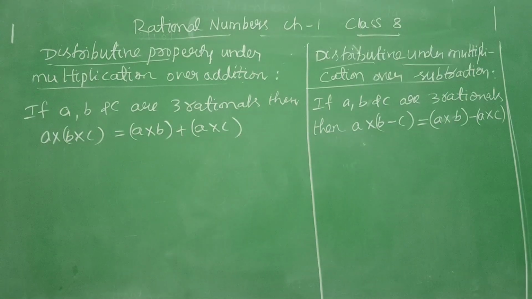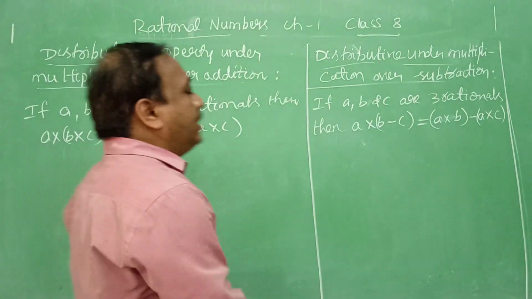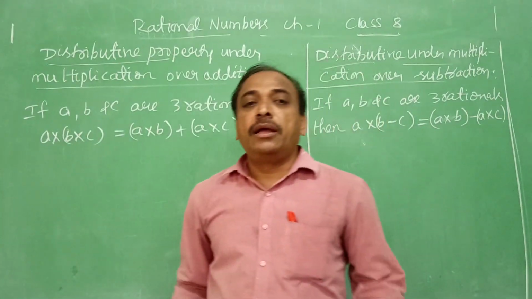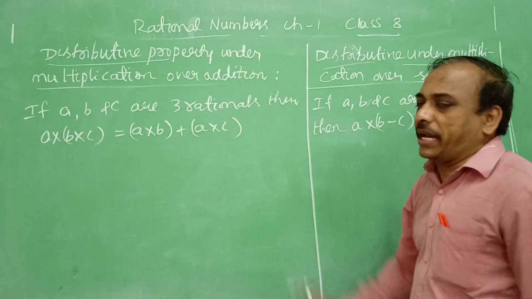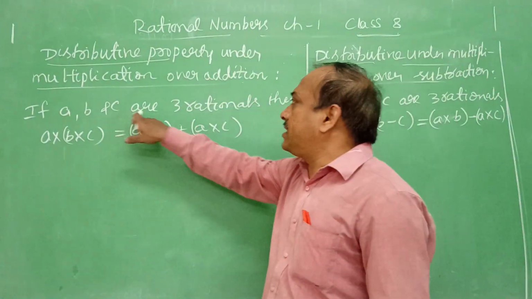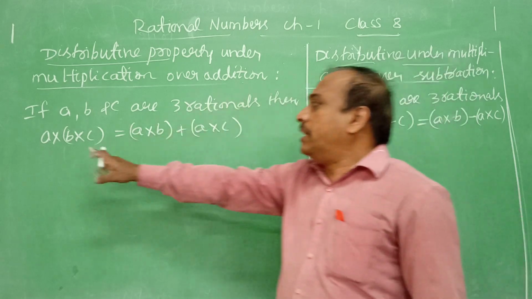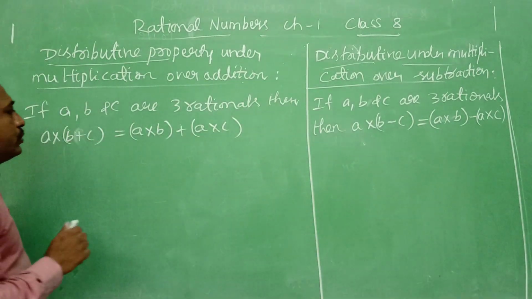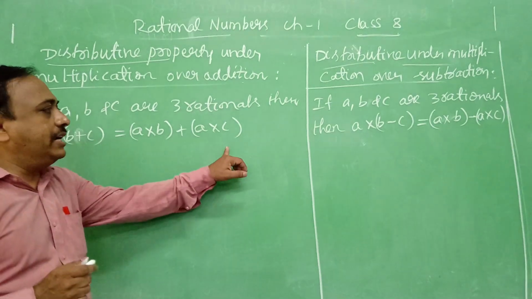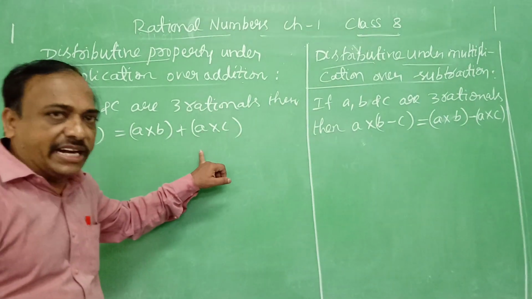Now let us see the distributive property under the rational numbers, under multiplication over addition and under multiplication over subtraction. If A, B and C are three rationals, then A into B plus C is equal to A into B plus A into C. This is under multiplication over addition.